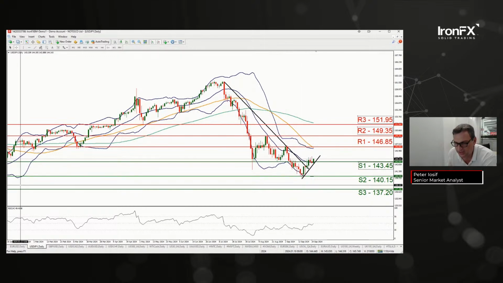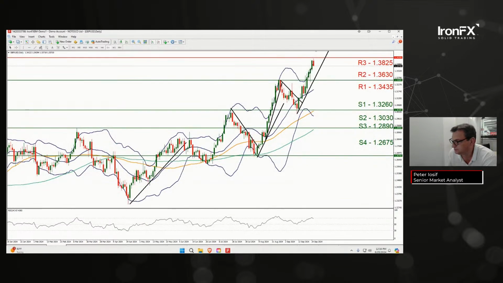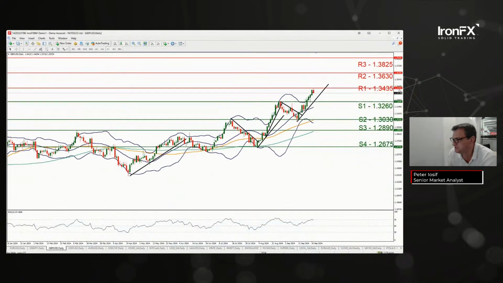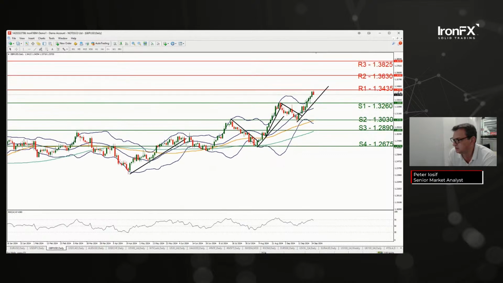Okay, let's have a look at GBP/USD. Now, GBP/USD was on the rise yesterday, reflecting the weakening of the US dollar, as mentioned before.